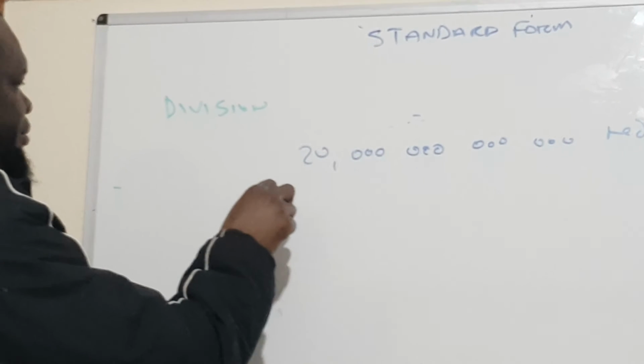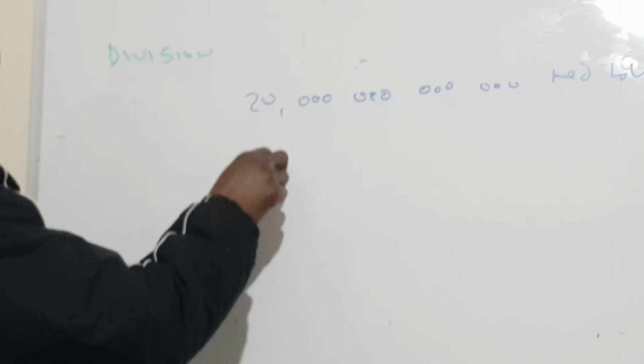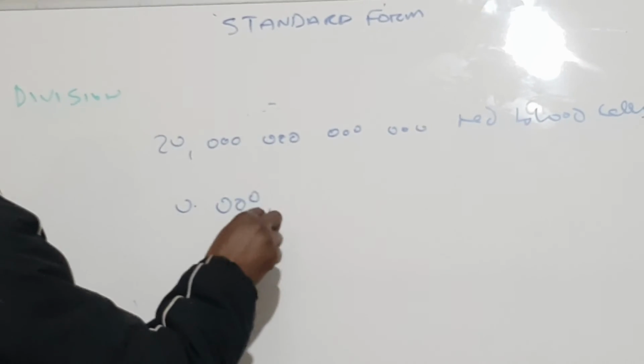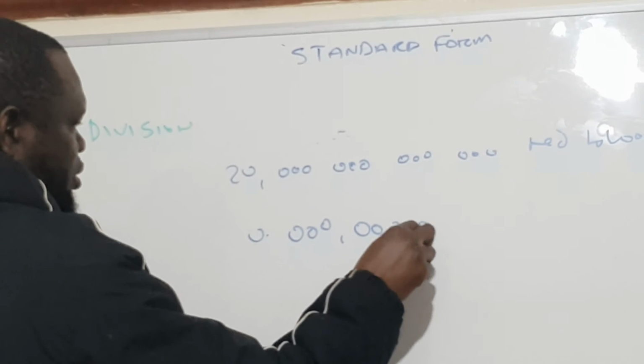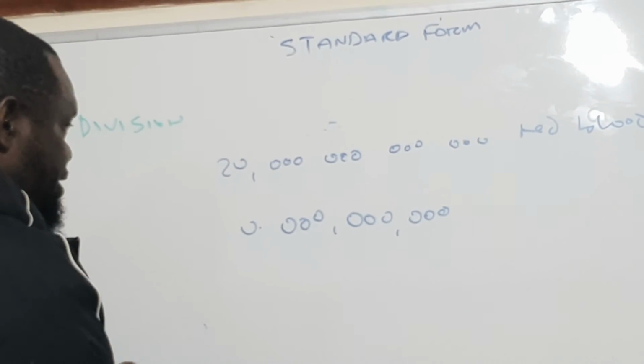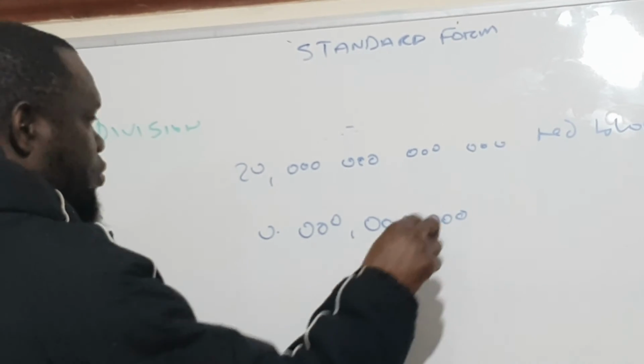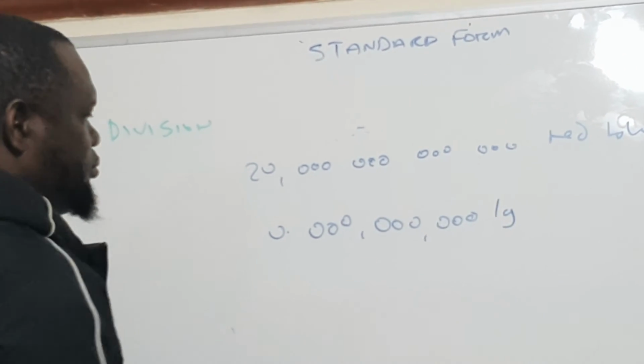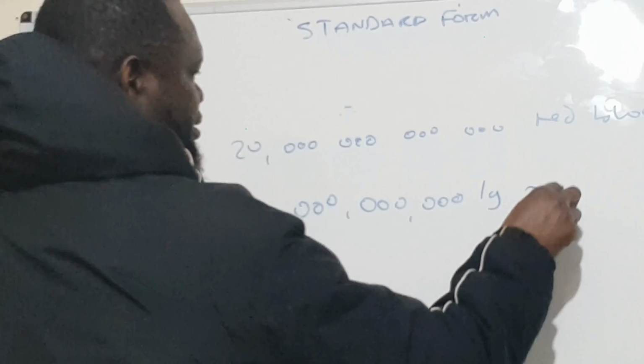Okay? Now, each red blood cell has a mass of 0.000000, how much? 1, 2, 3. 1 gram. That is the mass.